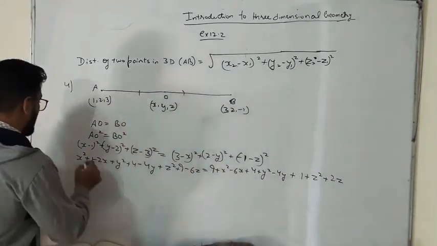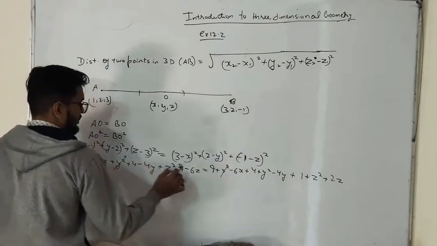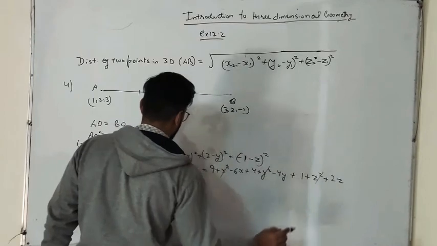So x square and x square cancel, y square and y square cancel, z square and z square cancel.